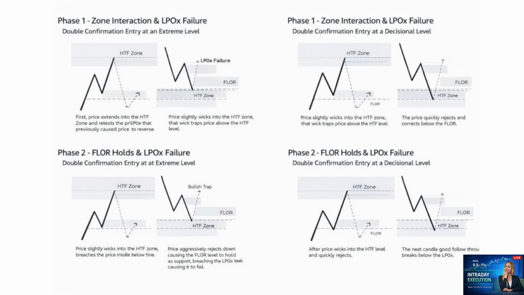Another example that we can look at: price trades lower, we react off the higher time frame point of demand, price trades into a level of supply, trades lower, takes out the initial reaction and then trades lower. This would be a reactionary sweep, and then we can see the price trades higher, seeing the last point of supply fail.